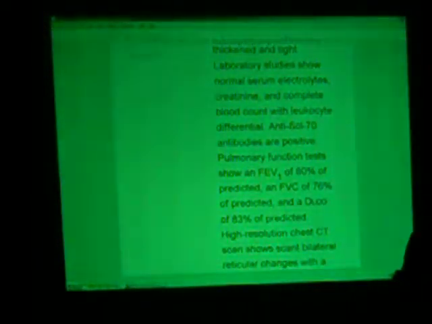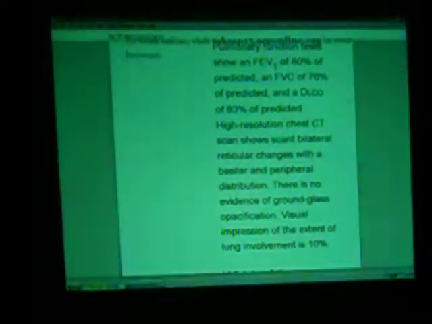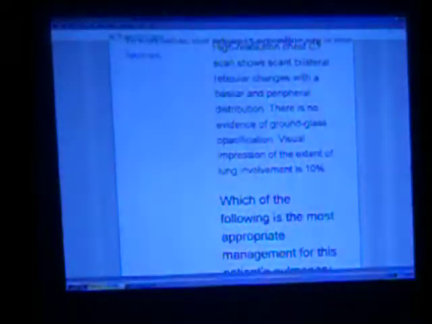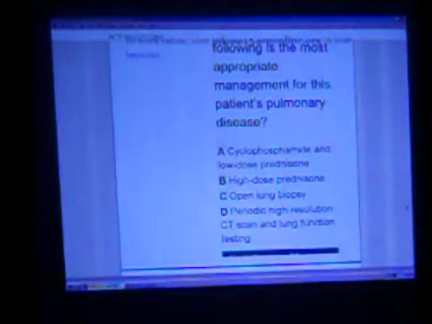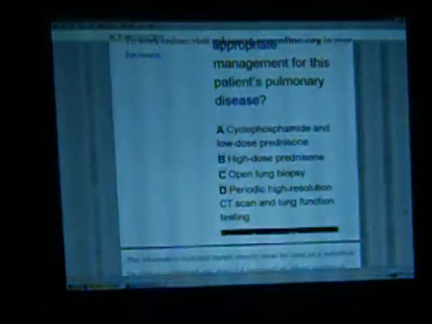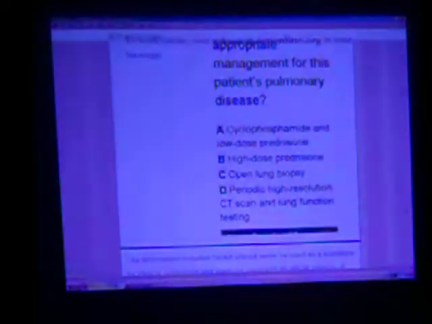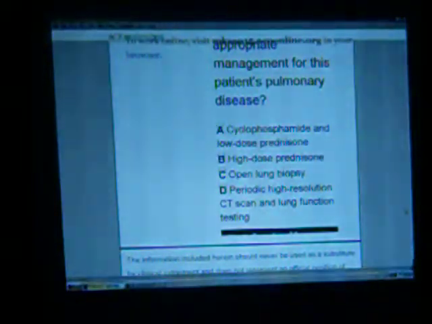The patient with diffuse scleroderma with lung involvement. Go down, down. That's it. So what is the last statement? Visual impression is 10% of lung involved. Now read the question again.